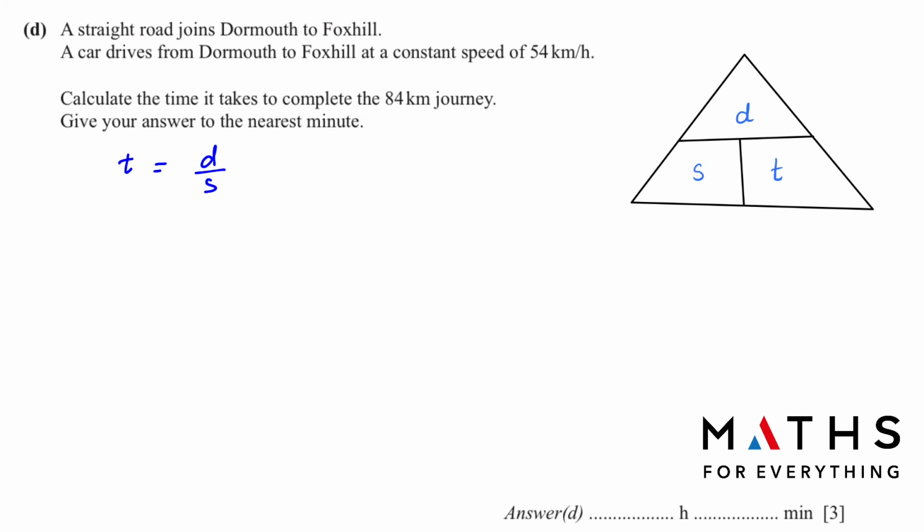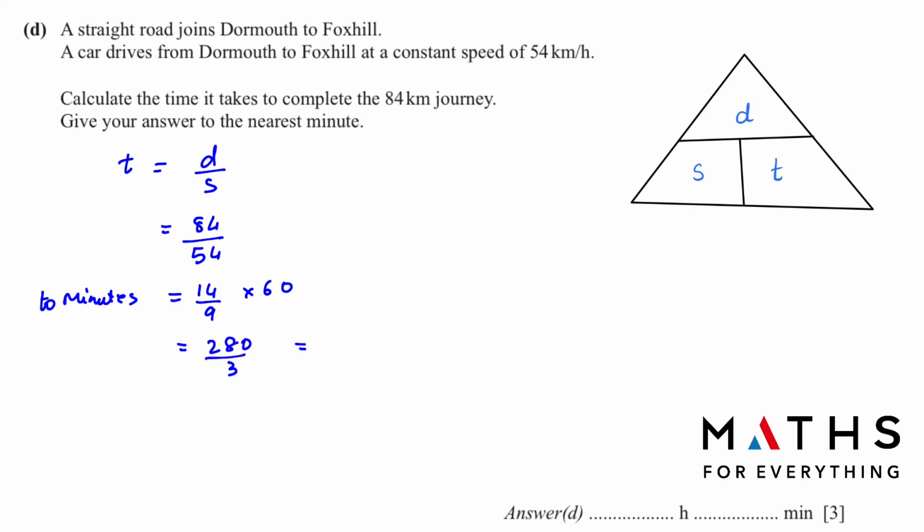Distance is 84 kilometer. Speed is 54 kilometer per hour. This will give us 14 over 9. Now to change to minutes, this is in hours. What should you do? Multiply by 60, and you will get 280 over 3.